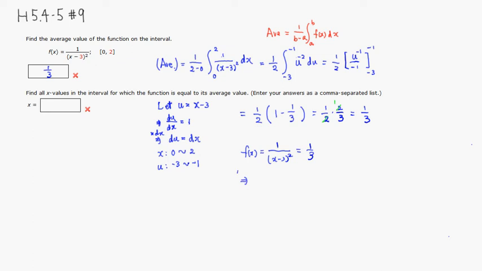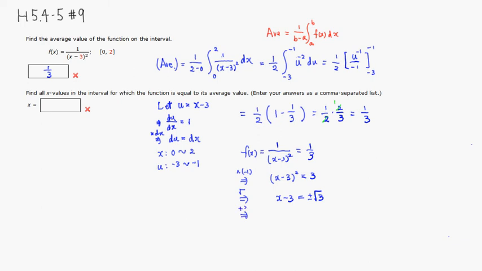Take the reciprocal of both sides, so x minus 3 squared is equal to 3. Then take the square root of both sides, so x minus 3 is equal to plus or minus square root of 3.